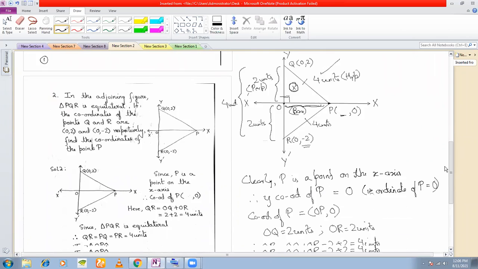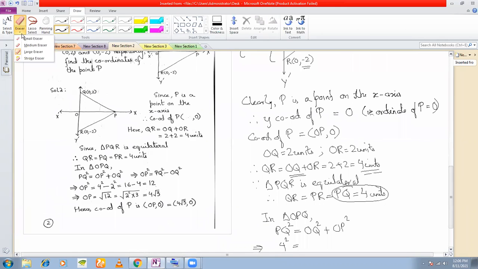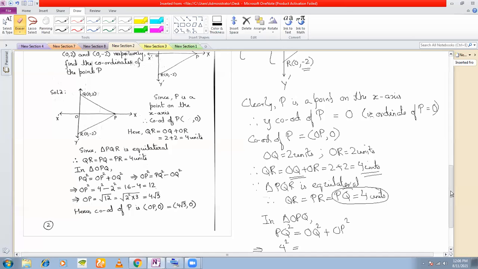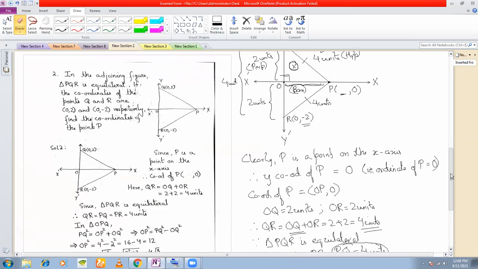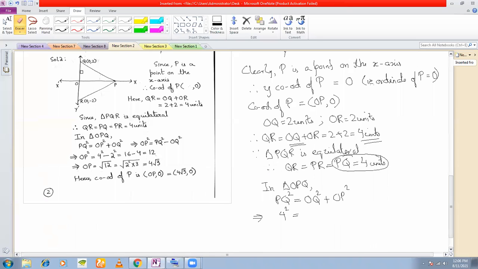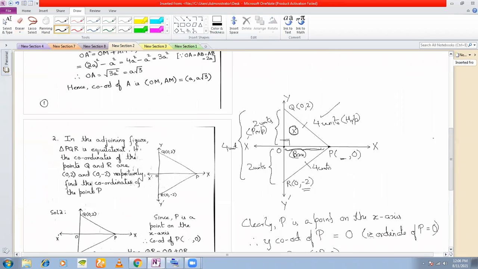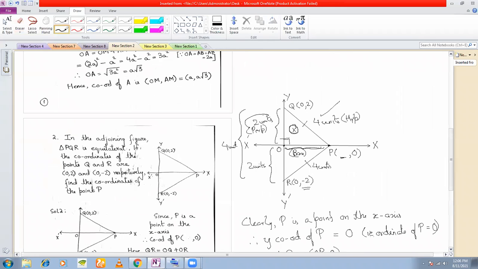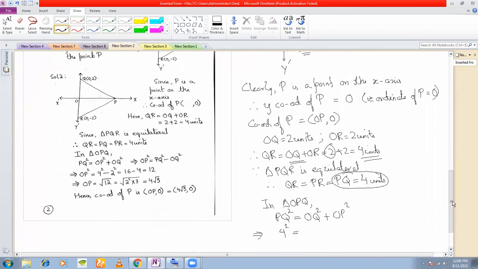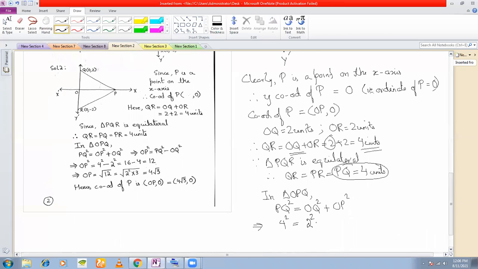OQ was 2 units. See in the diagram here, OQ is 2 units. Put the value here, 2 square plus OP square.